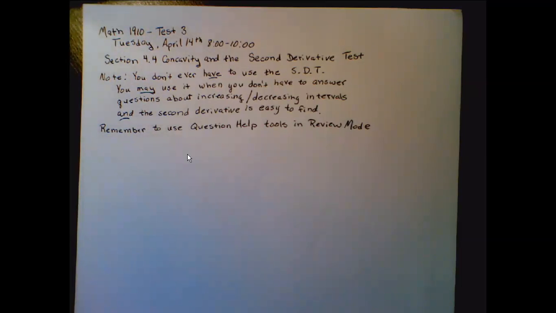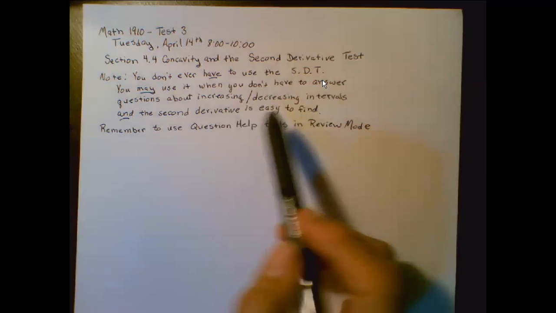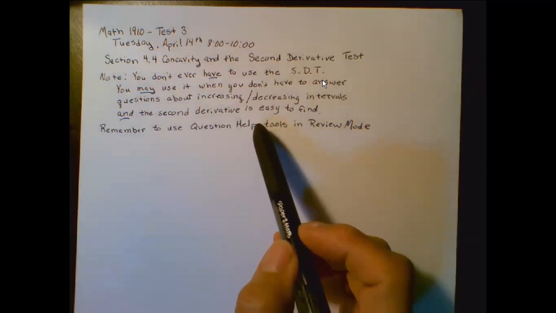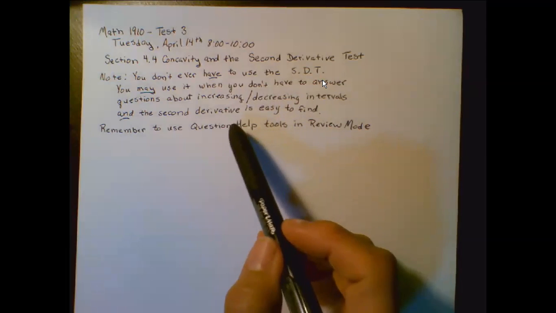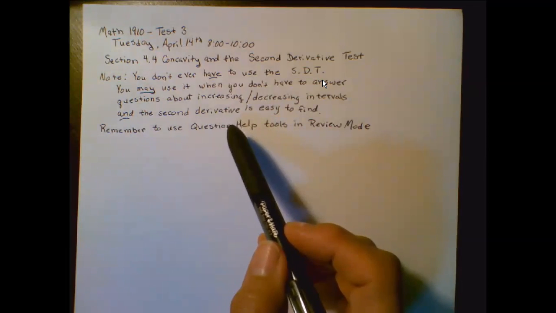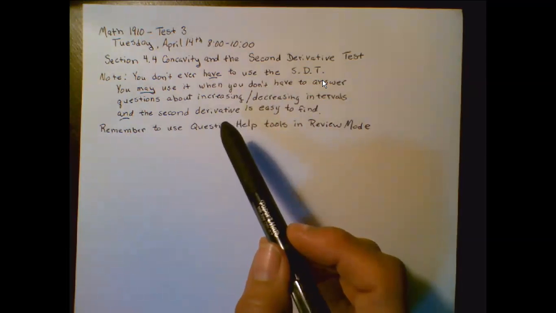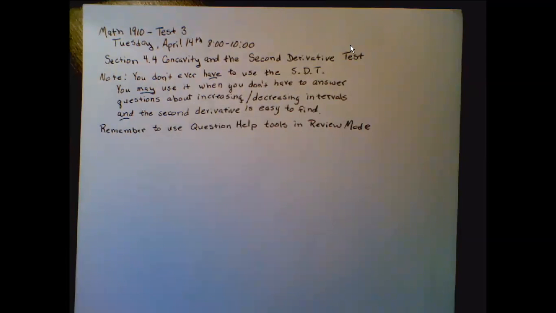All right, so y'all have watched the video already. One thing that I'm pretty sure I said in the video, but certainly want to make sure you understand, is that the second derivative test gives you another way to find relative max and min. You don't ever have to use the second derivative test.